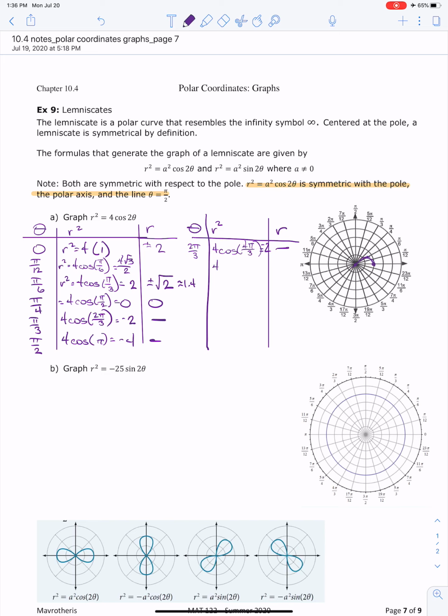Then 3 pi over 4. When I double that, I get 6 pi over 4, 3 pi over 2. Cosine at 3 pi over 2 is 0. So at 3 pi over 4, I'm back at 0, but I don't really have any idea what happened between there.